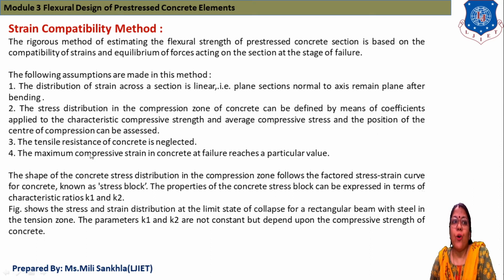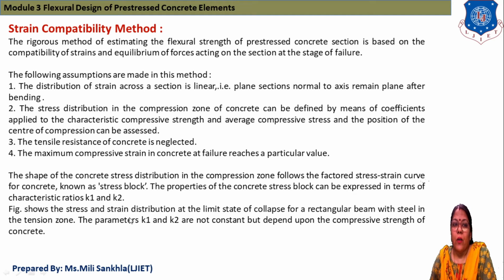The position of the center of compression can be found out. Third, the tensile resistance of concrete is neglected. Fourth, maximum compressive strain in concrete at failure reaches a particular value. These are the four assumptions when we solve an example of the strain compatibility method.